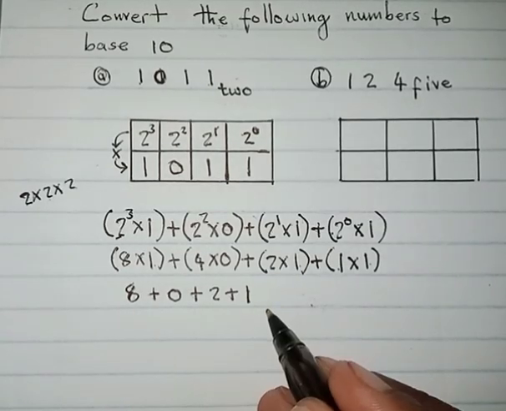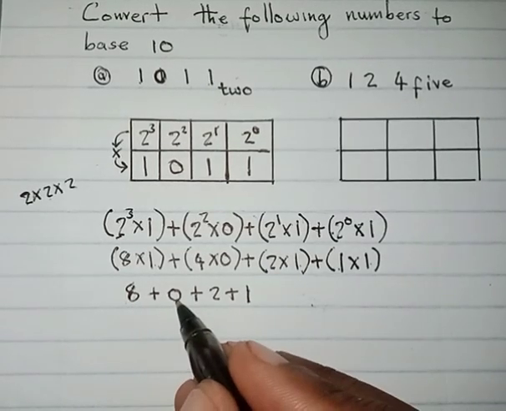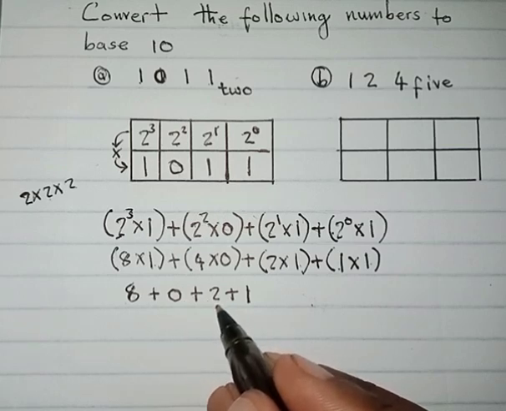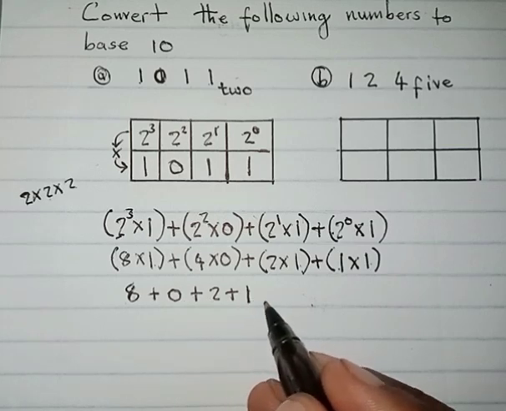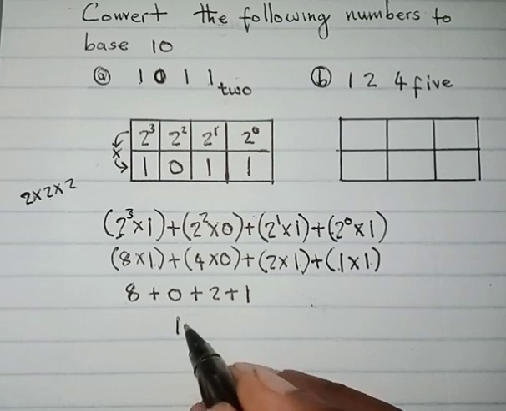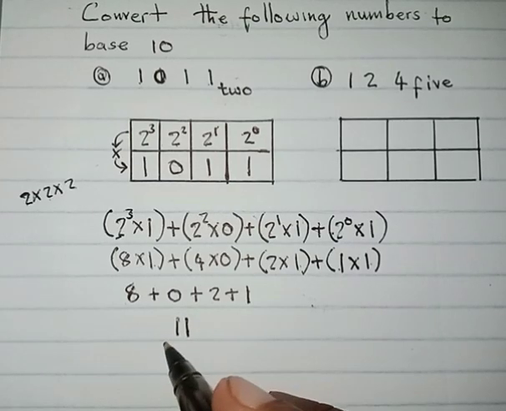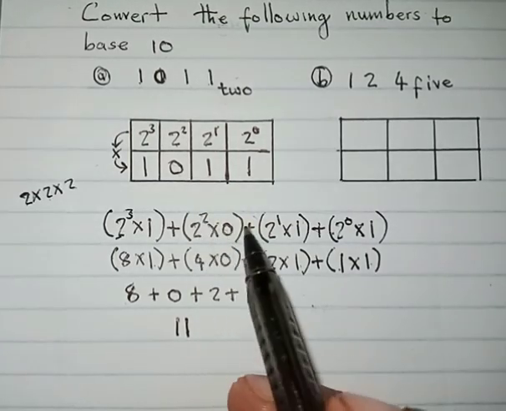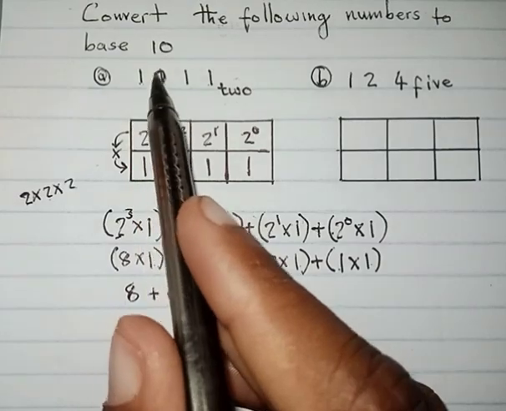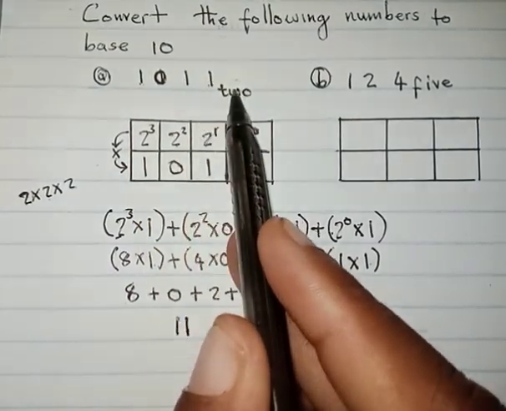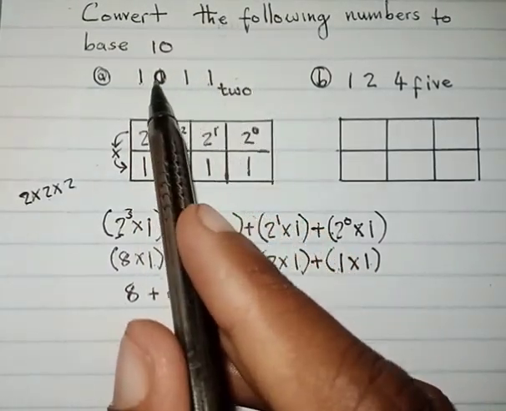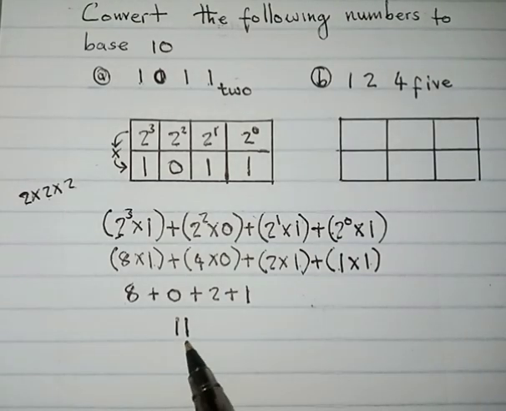We can add these numbers. 8 plus 0 is 8, and 8 plus 2 is 10. 10 plus 1, we get 11. So this number 1011 in base 2, when we change it to base 10, will be 11.